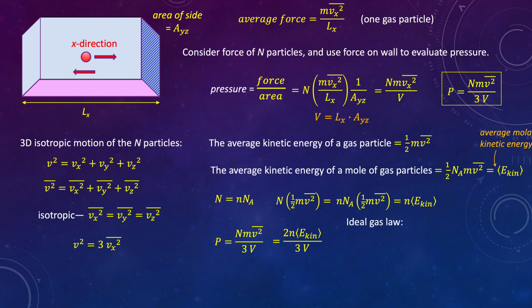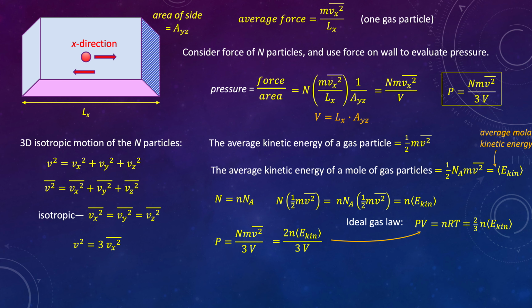I'll remind you that the ideal gas law says that PV is equal to nRT, where n is the number of moles. All right, so now if I take this into account, I can move the volume in the expression for pressure over to the left side to get an expression for P times V. And when I substitute that in here, what I'll end up with is that nRT is equal to 2/3 times the number of moles times the average molar kinetic energy.